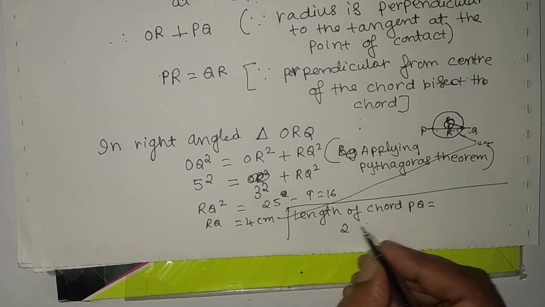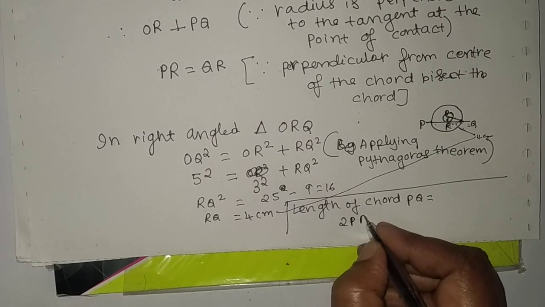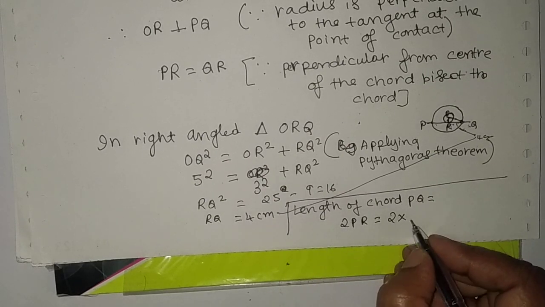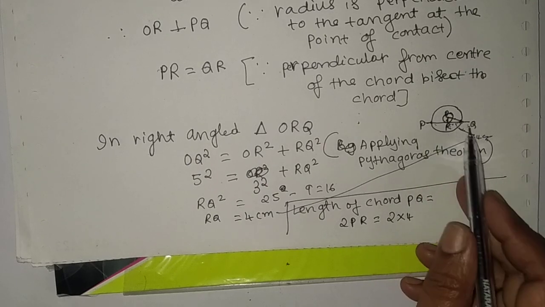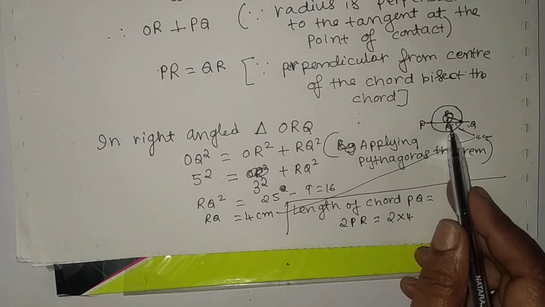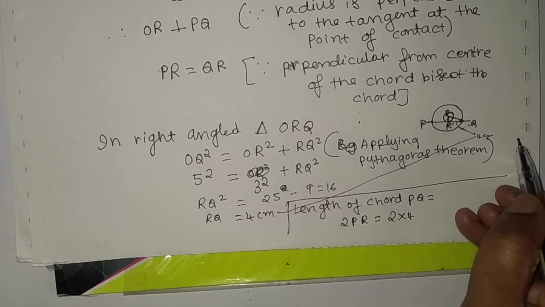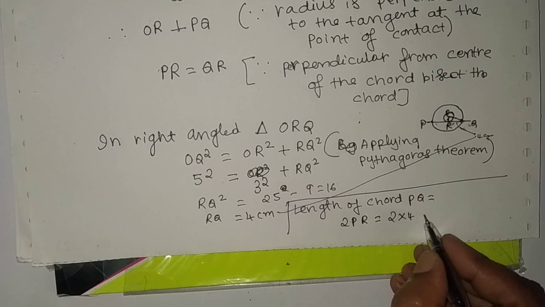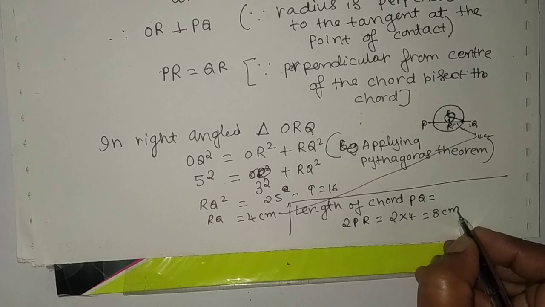Therefore 2 into PR is equal to 2 into 4, which is 8 centimeters.